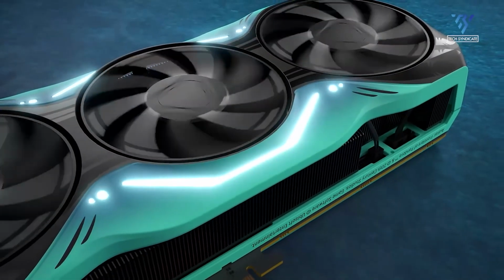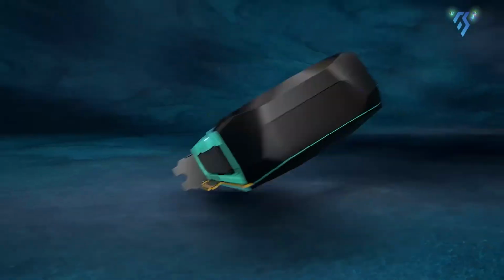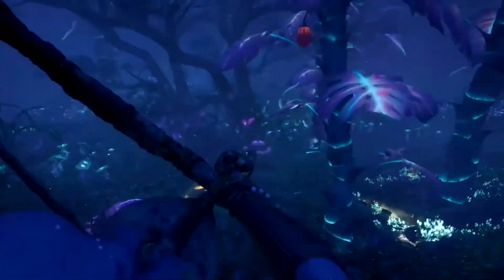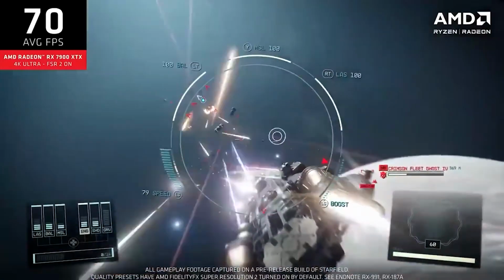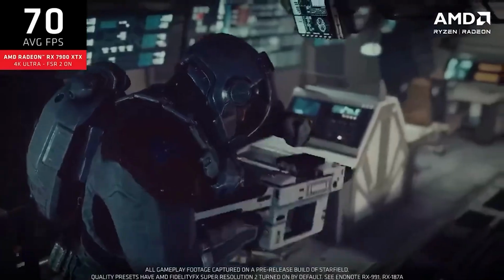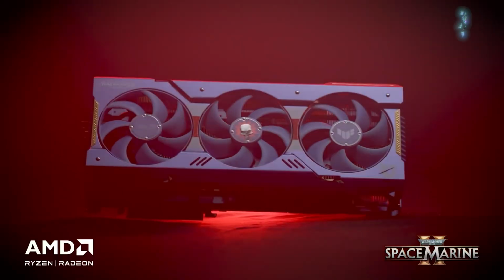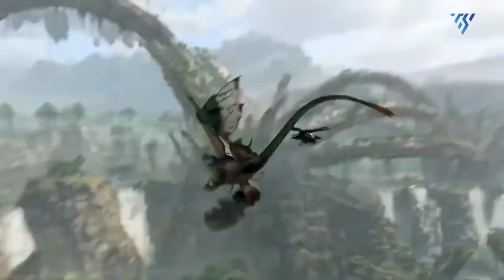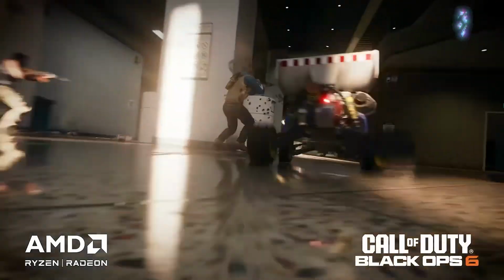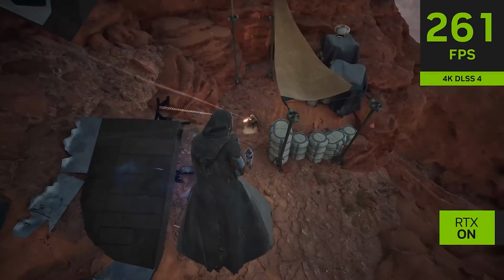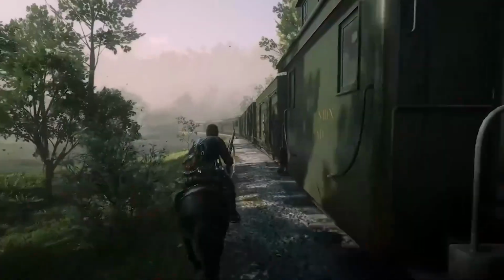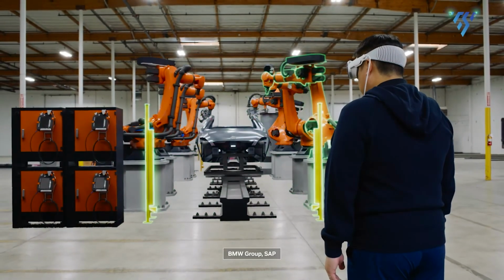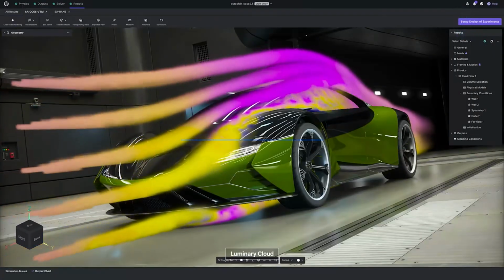Conversely, the RX 7900 XTX relies on 96 compute units adapted for ray tracing but lacks equivalent tensor cores, relying instead on software-based FidelityFX Super Resolution. While FSR performs admirably, it cannot match the sheer efficiency and quality offered by NVIDIA's proprietary solutions. The winner: NVIDIA's RTX 5080, whose superior hardware support for ray tracing and AI ensures smoother frame rates and better visual fidelity.